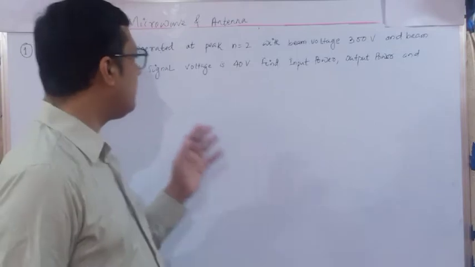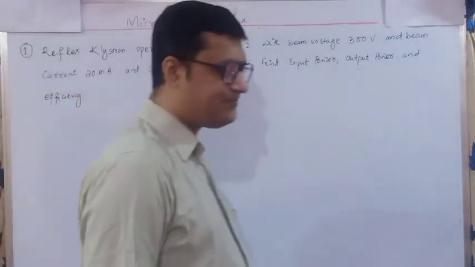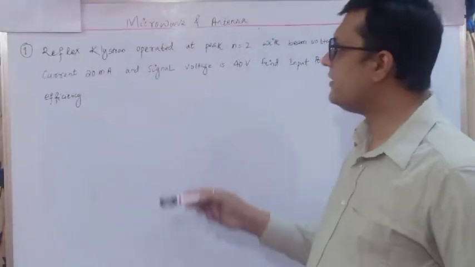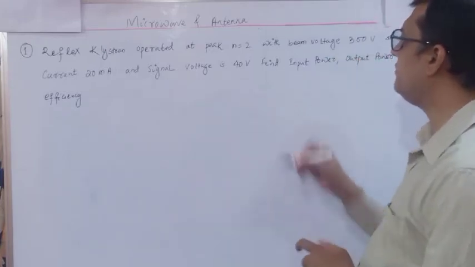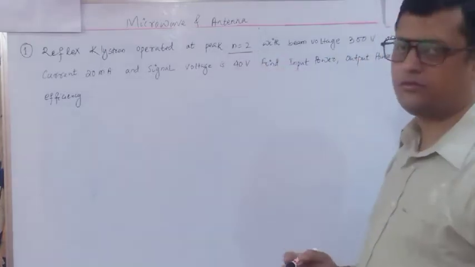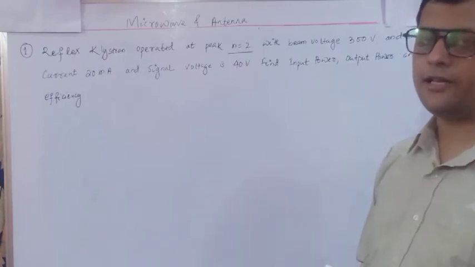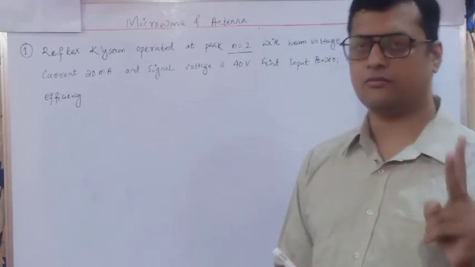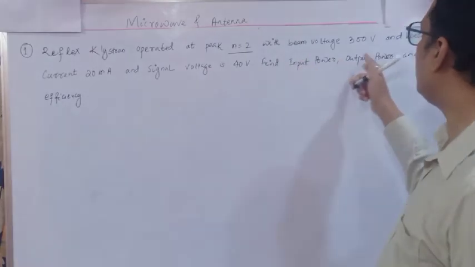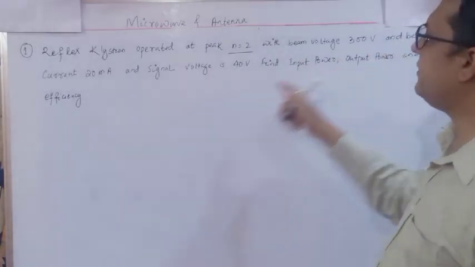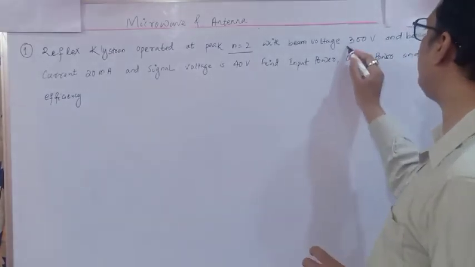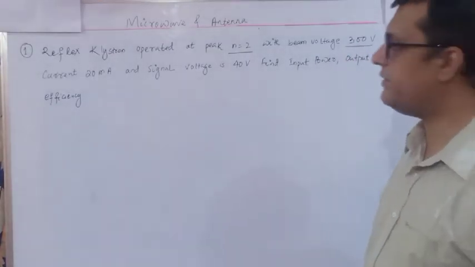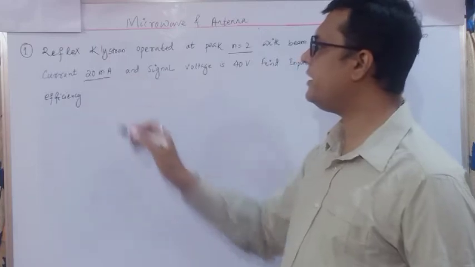First I have taken one question for you: a reflex klystron operates at a peak n equals 2. n equals 2 itself indicates that the mode number is 2, with beam voltage 300 volt and a beam current of 20 milliampere. So the DC beam voltage is 300 volt and the DC current is 20 milliampere.